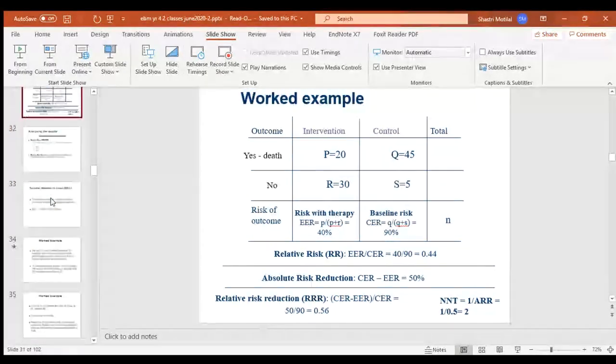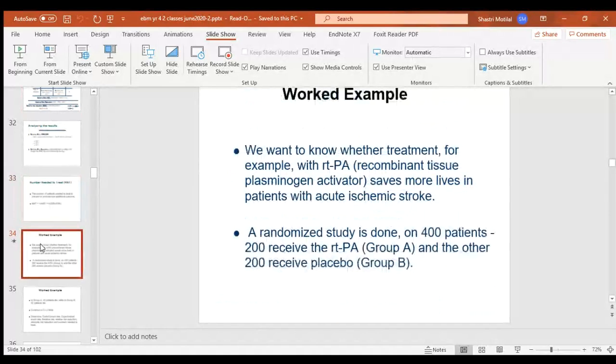So this is the example here. You could probably jot this down because I would have to advance the slide for the results, unless you all have the presentation open on your device and could look at it as well. So we want to see if this drug works, recombinant tissue plasminogen activator. You all know what that is from your pharmacology days in year 3, clot busters, things that dissolve a clot.